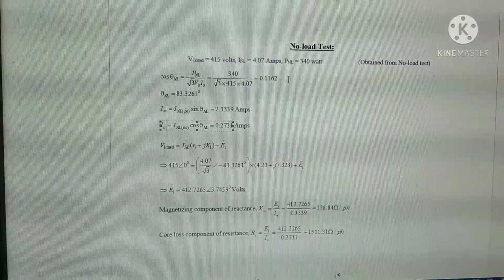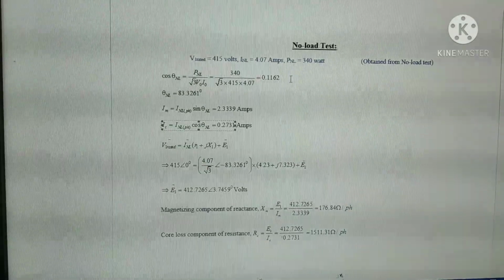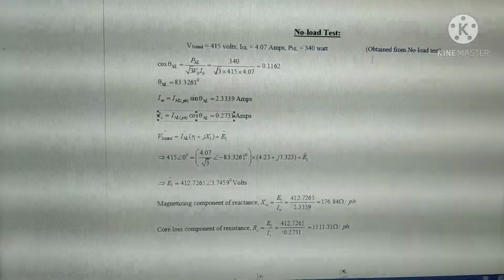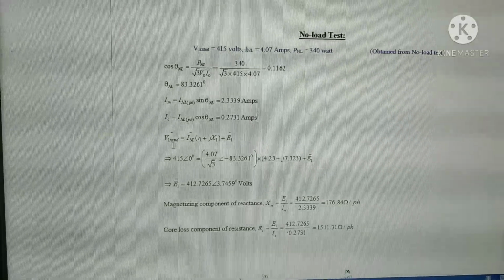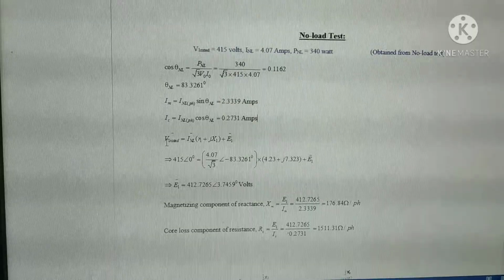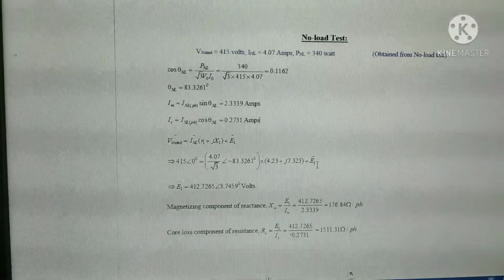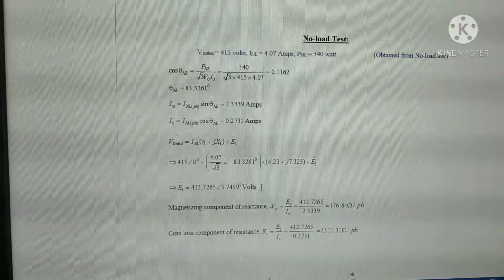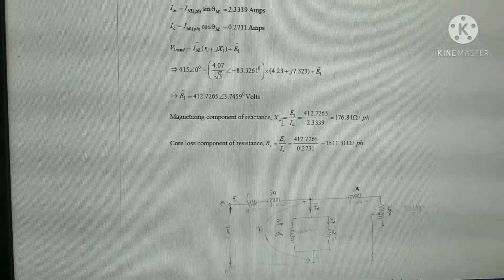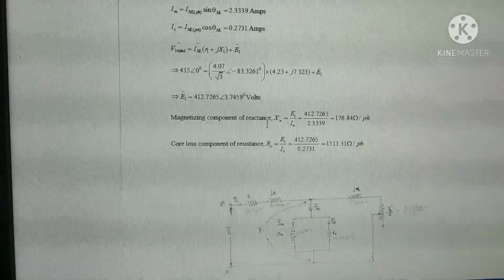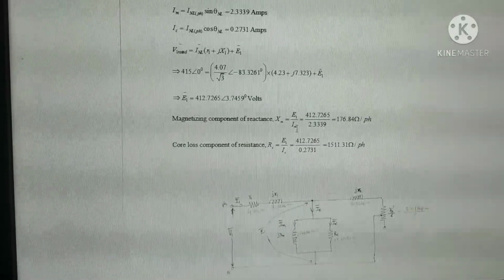Then we have determined the magnetizing component of current and core loss component of current. These are per phase currents only. From this equation, we have determined the stator induced EMF volts per phase. By using this equation, magnetizing component of reactance is equal to E1 by I suffix m.